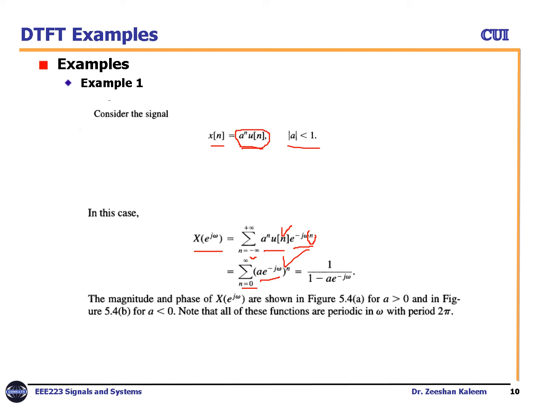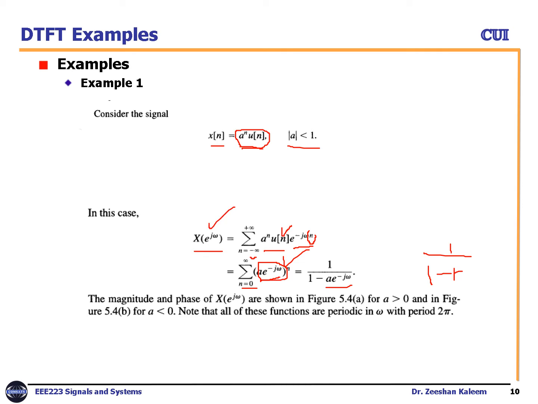You can just check what the sum of an infinite geometric series is. Whenever there is a sum of an infinite geometric series, it will be equal to 1/(1 − r), right? This is the general way of writing. And here r is a e^{−jω}. So 1/(1 − a e^{−jω}). This will be the closed form solution for this X(e^{jω}).